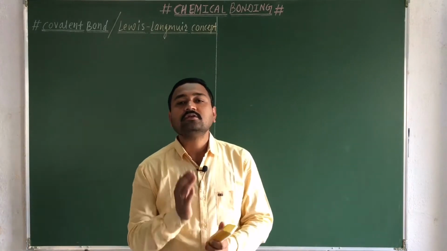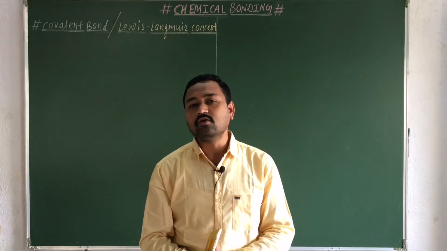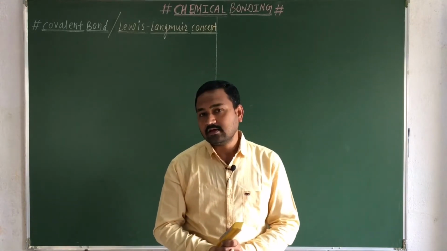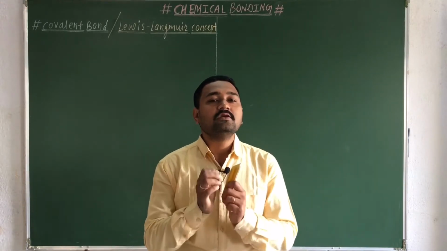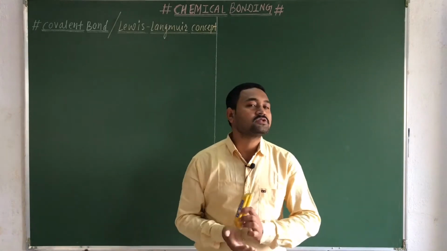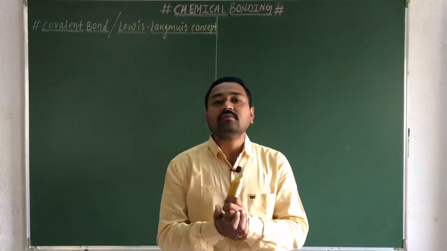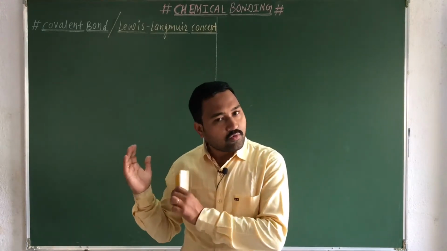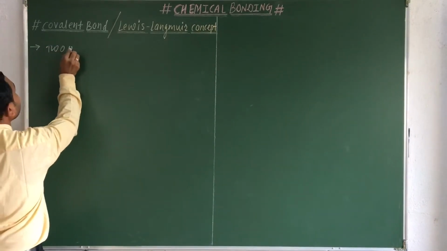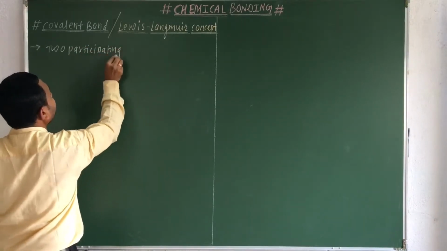Now if the two combining atoms have the same electronegativity value or nearly equal electronegativity values, then obviously the electron transfer theory will not explain the formation of such molecules. Now the formation of a covalent bond takes place between the two participating atoms.